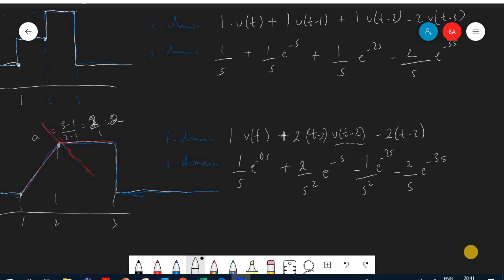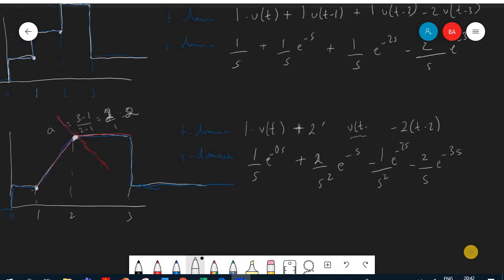So you see that I'm making mistakes here, and it's confusing you. The first slope happened at 1. The second cancelling slope happened at 2. So the one that happened at 1 should be t minus 1. I'm going to write this again.